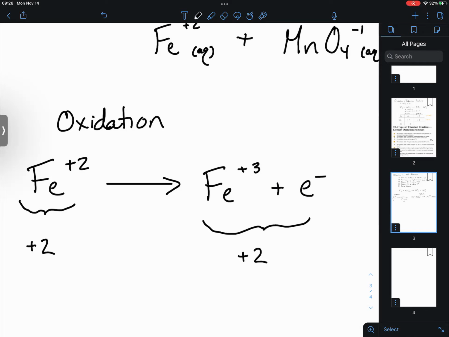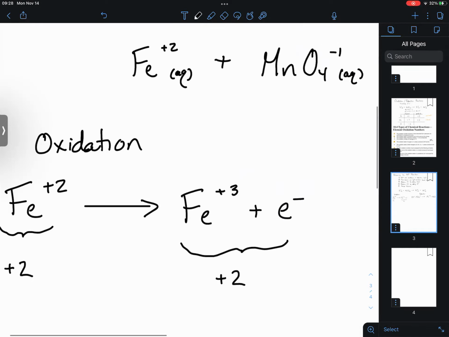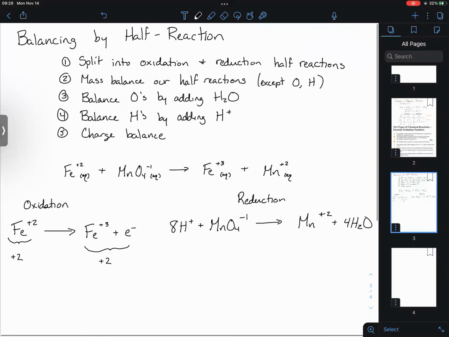So this has been charge balanced. I've explicitly included that electron in order to balance my charges. Okay, so we're going to charge balance by adding electrons.